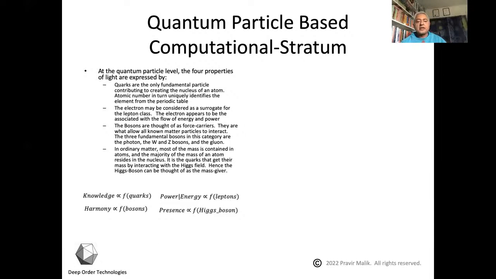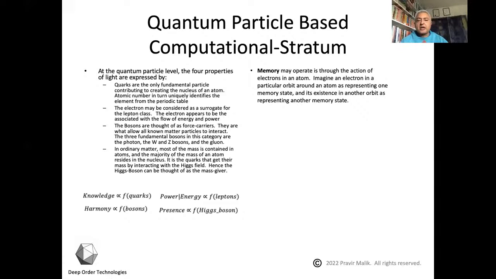Therefore, again, we find that these four properties implicit in light become explicit and maintain their integrality as quarks, leptons, bosons, and Higgs boson, and therefore the layer of quantum particles can become a stable strata.